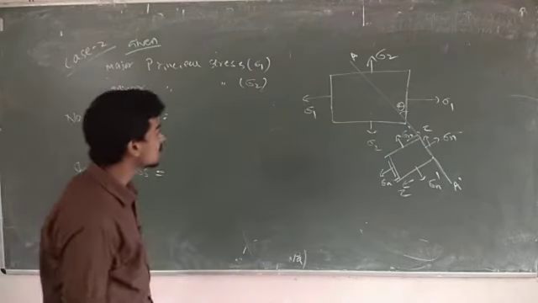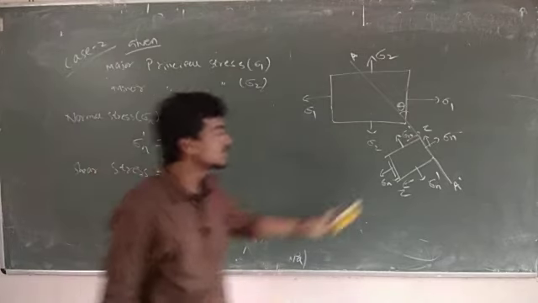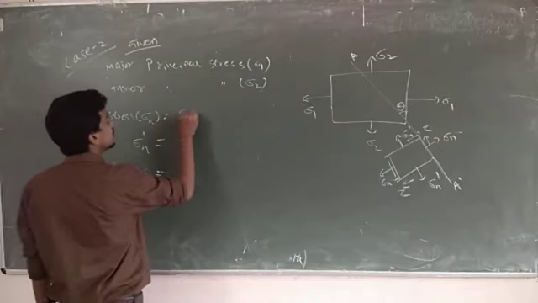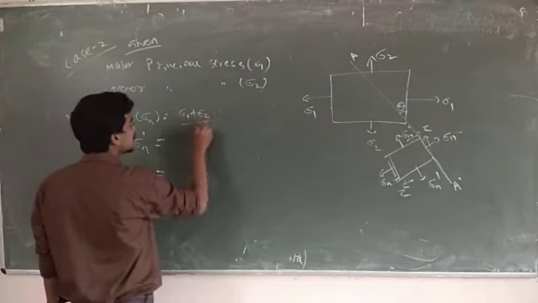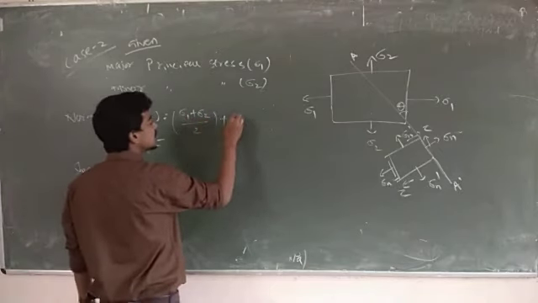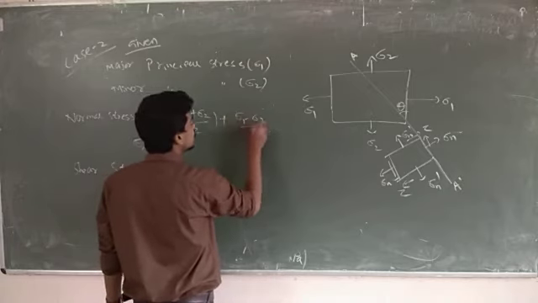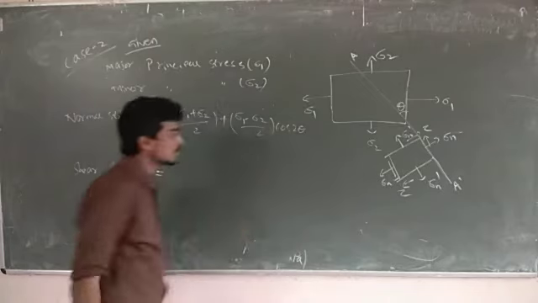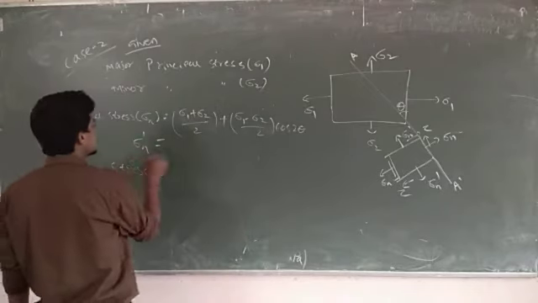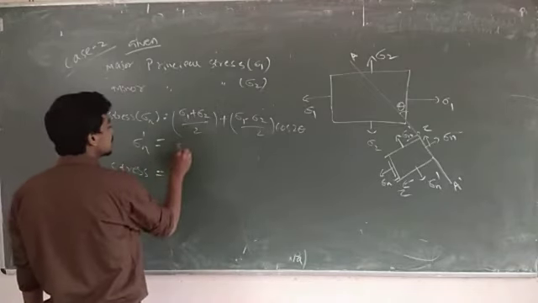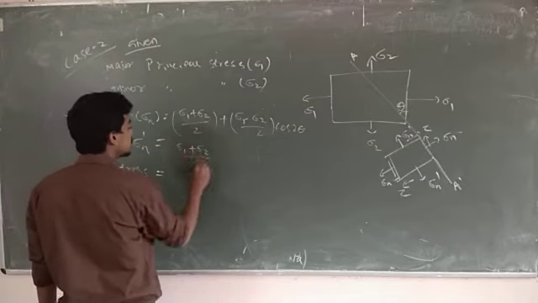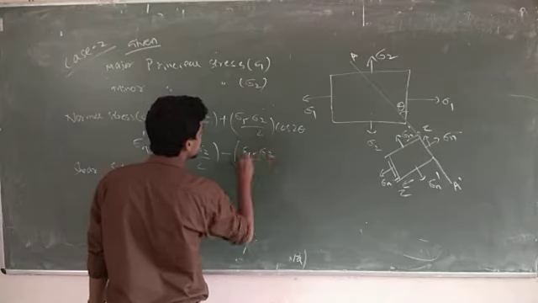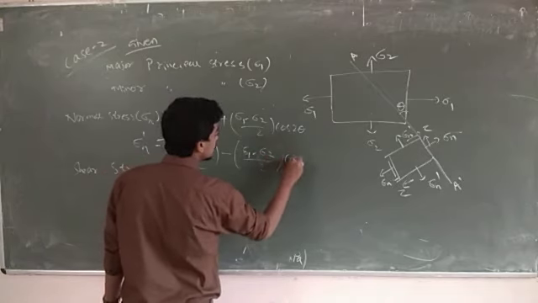So how do we find them? First, the normal stress sigma n can be found using the formula sigma n = (sigma 1 + sigma 2)/2 + ((sigma 1 - sigma 2)/2) cos 2 theta. Sigma n dash is also the same, only the sign changes: sigma n dash = (sigma 1 + sigma 2)/2 - ((sigma 1 - sigma 2)/2) cos 2 theta.